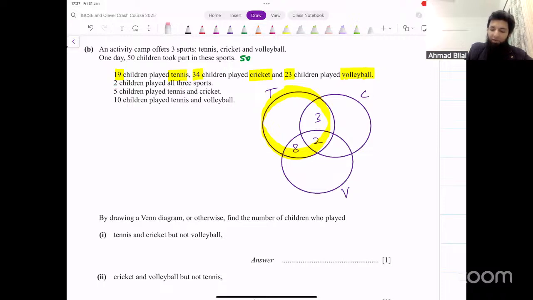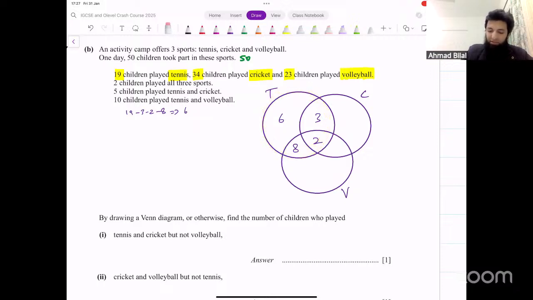So now we can write down the number in this outside region as well. 19 minus 3 minus 2 minus 8 would give us the number in this region. That's tennis only. 19 minus 13, that is 6. So this number should be 6.